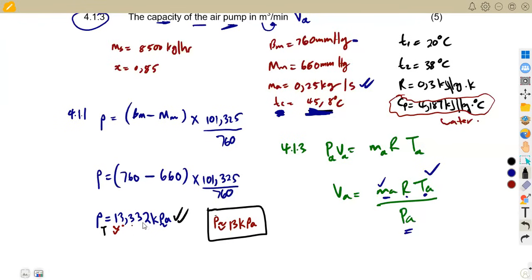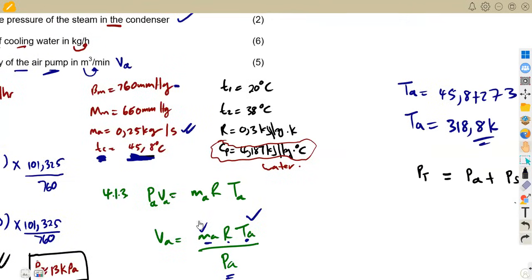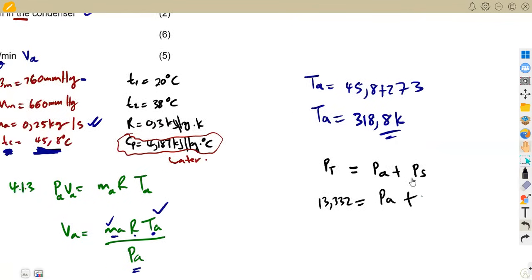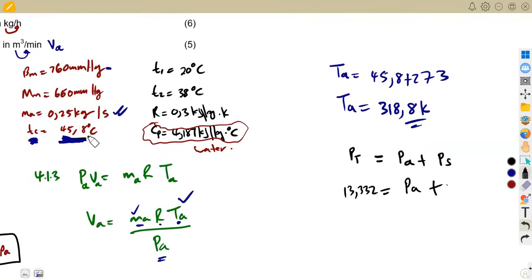Our pressure was 13.332, so that's our total pressure. So we've got 13.332 is equal to the pressure of air plus the pressure at the suction point, which is at the condensate, taken at the condensate temperature of 45 degrees Celsius.